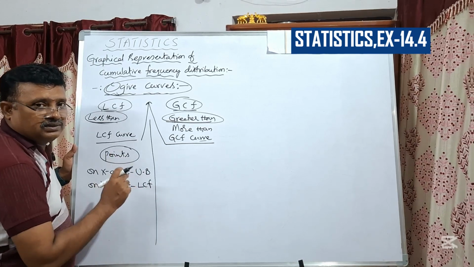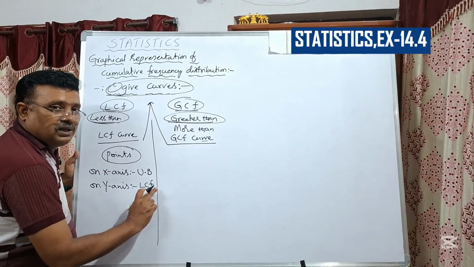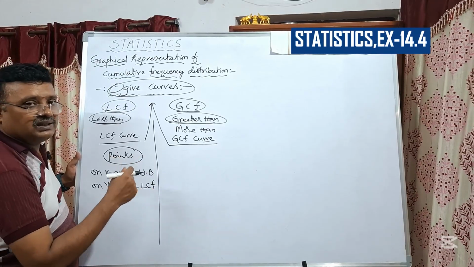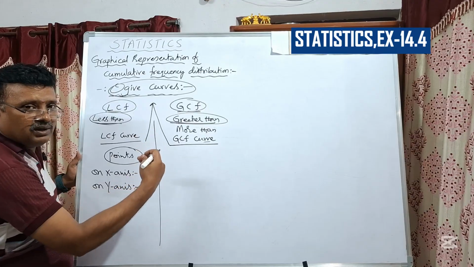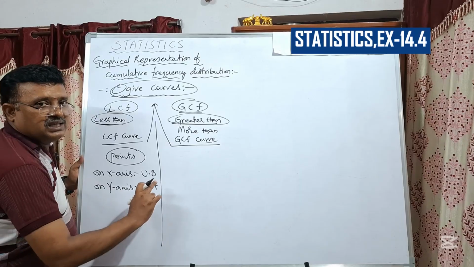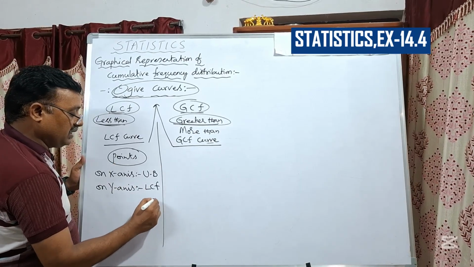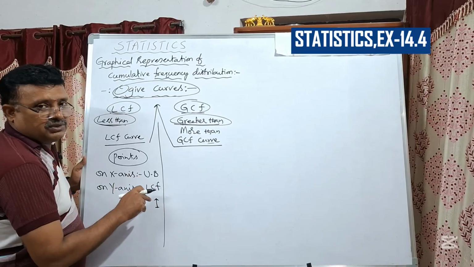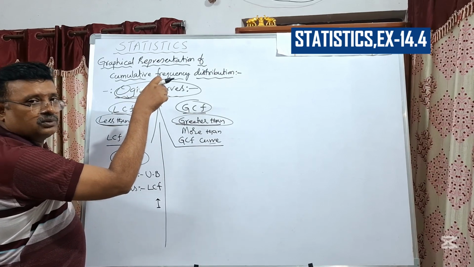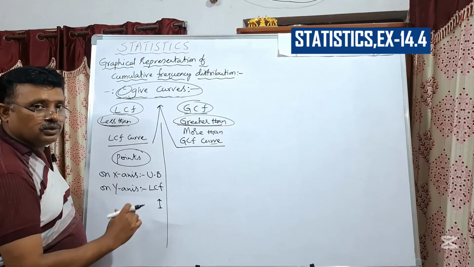What is meant by LCF value? Its name is less than cumulative frequency, which means the cumulative frequency starts with the least value, gradually increases and reaches the highest value. So LCF is in ascending order, starting from the least value to the highest value in the table from top to bottom, reaching the total frequency.